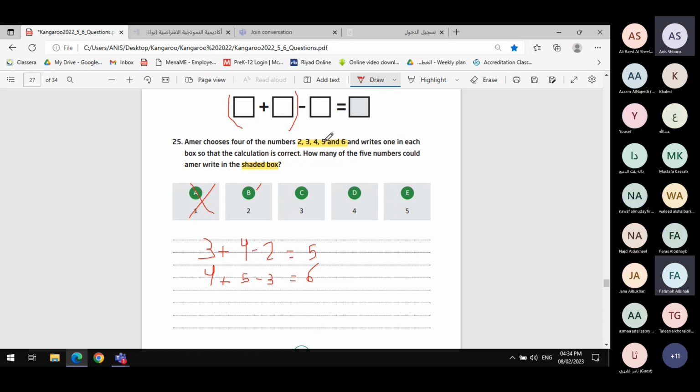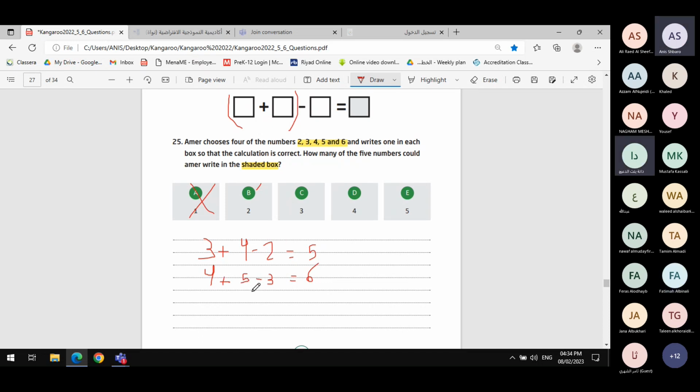You mean 5 plus 3 minus 4, for example, is equal to 4. No, I mean like 4 plus 3 equals 7, okay, minus 2 is equal to 5. Okay, you used it already. So you are using 2, 3, 4, and 3, 4, 5. You can use the 2, 5, 4 together.